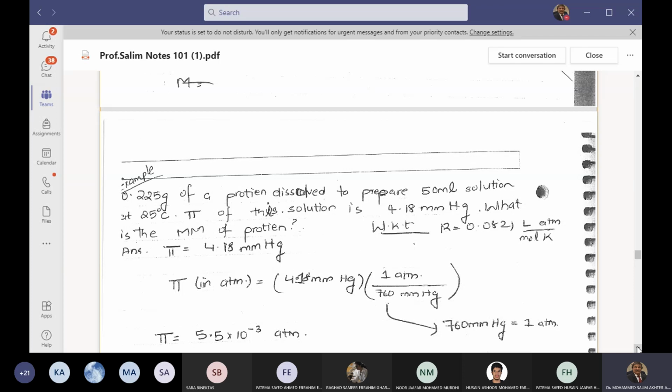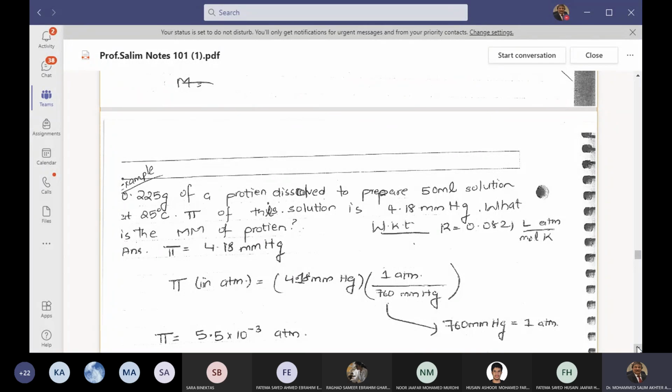Generally, unknown compounds are non-electrolytes that we use. But what did I say? You can use all 4 colligative properties to find the molar mass of an unknown compound.